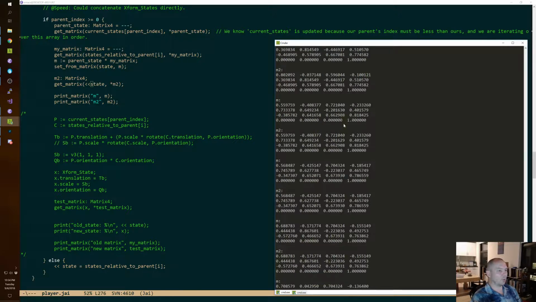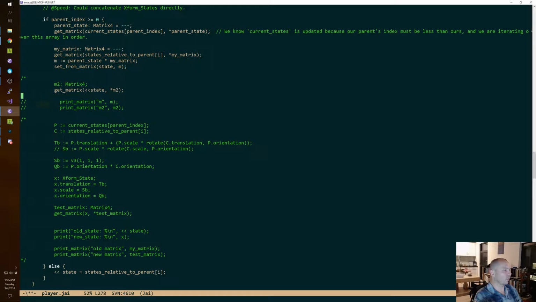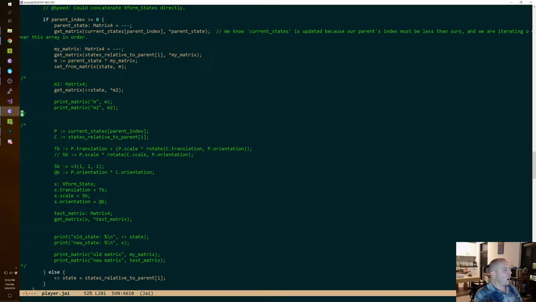I mean, this is reassuring, like it's not grossly numerically inaccurate, which also means that this isn't going to fix our numerical accuracy problems. They must be potentially caused somewhere else. But well, let's do this. Okay.